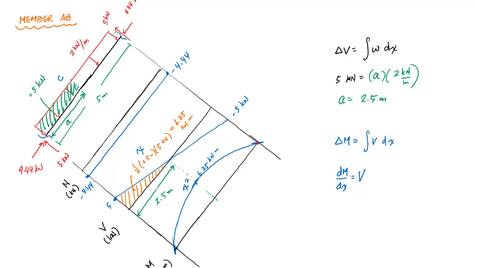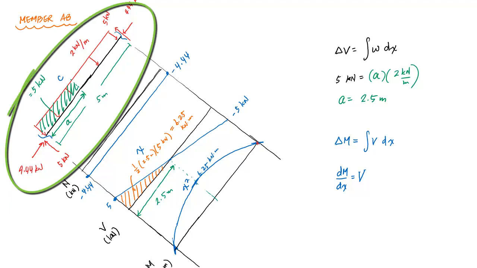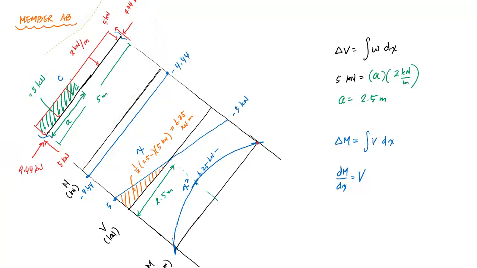And what you'll notice is that if I look at this whole drawing, the member itself is in equilibrium. So if I sum the forces in the vertical direction, or in the direction parallel to the shears, then I would have 10 going upwards and 10 coming down.